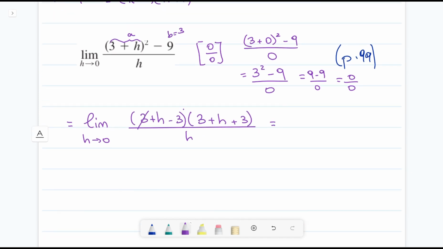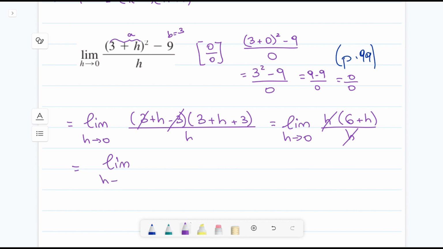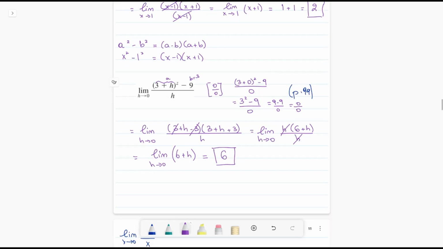So 3 minus 3, we cancel out the 3's. So this becomes limit h approaches 0 of h times 3 plus 3, which is 6 plus h, divided by h. And now we cancel out the h, so this is limit h approaches 0 of 6 plus h. And now we can try to plug in. So this gives us 6, which is a real number, so it is our answer.